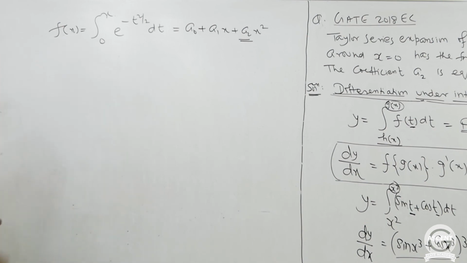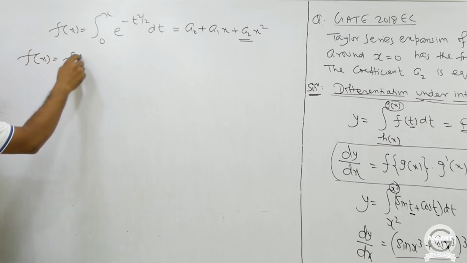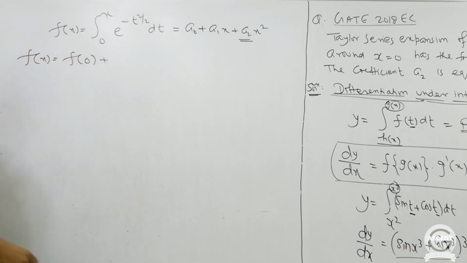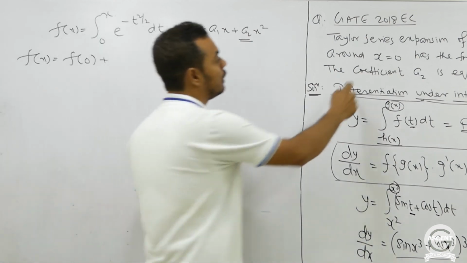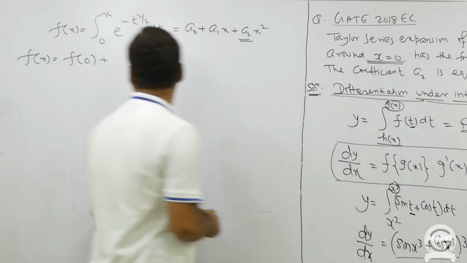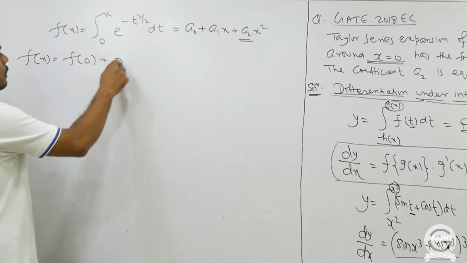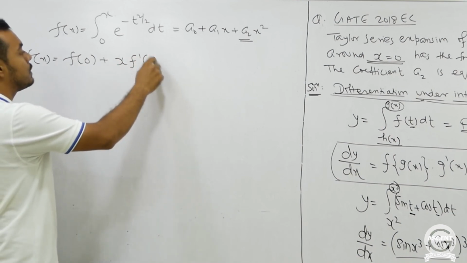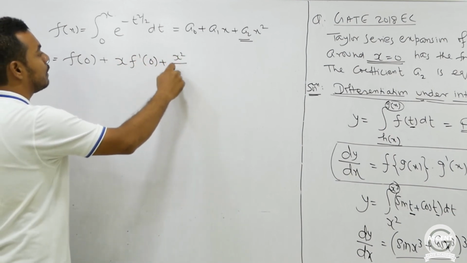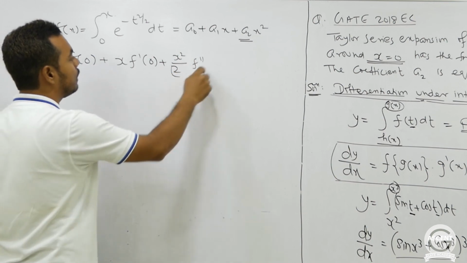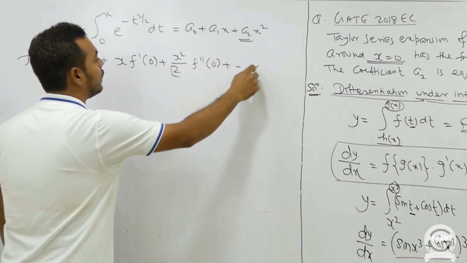The first step: the formula for f(x) is the expansion around x equals 0. This was Maclaurin's formula. So f(x) was f(0) plus x into f dash 0 plus x square by 2 factorial times the second derivative at 0, up to infinity.